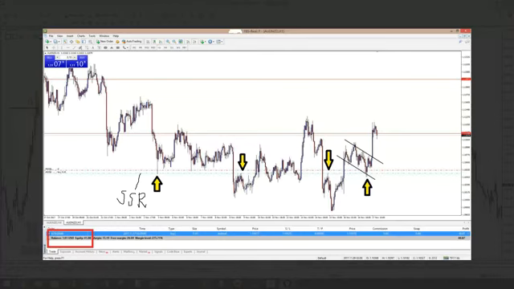And this is my zone, from here straight to here. This is my zone, and the one that I entered is the SSR. So is there any other trade that I make using SSR?